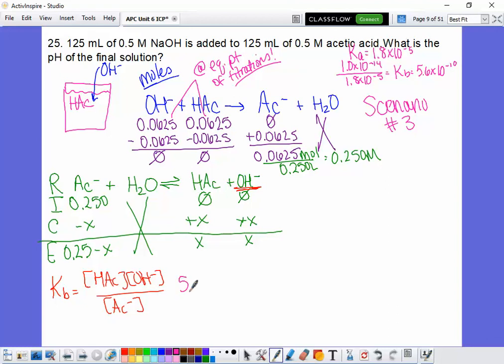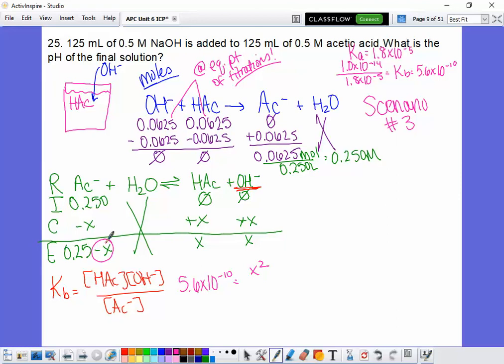So 5.6 times 10 to the negative 10 equals x squared over, oh wait, can I make this minus x negligible? You need to check. You're going to check 0.25 against what? The Kb, the 5.6 times 10 to the negative 10.